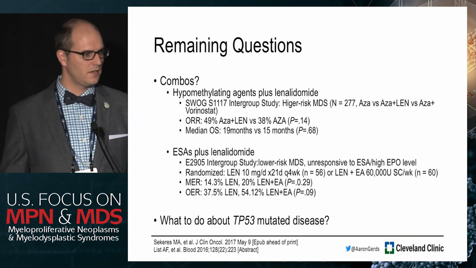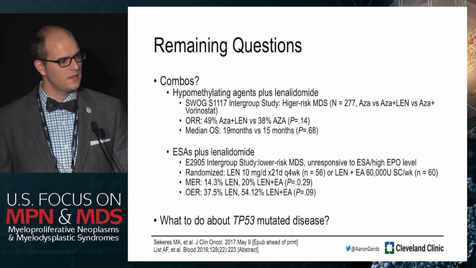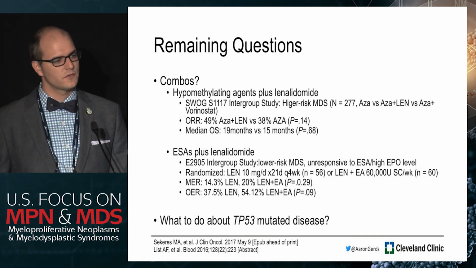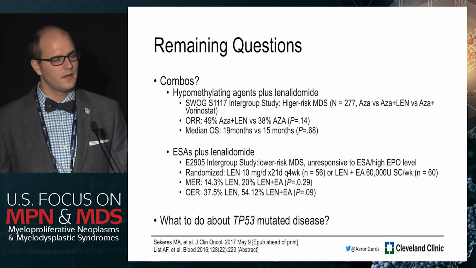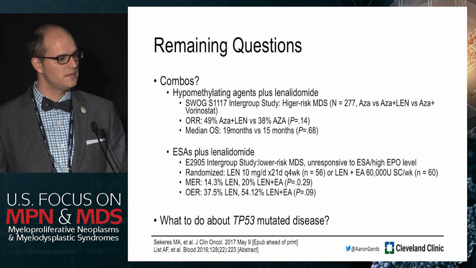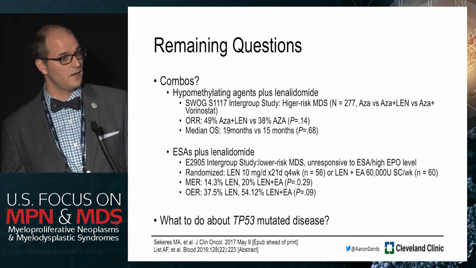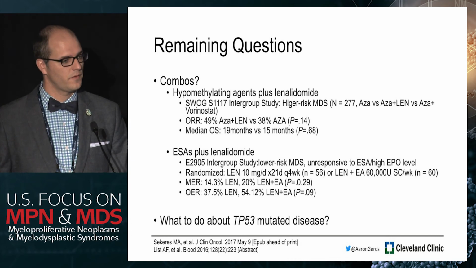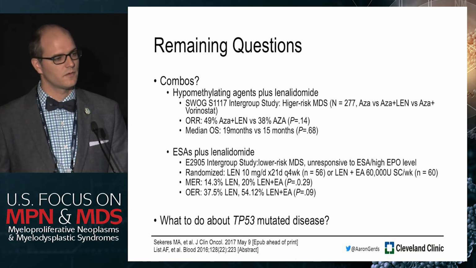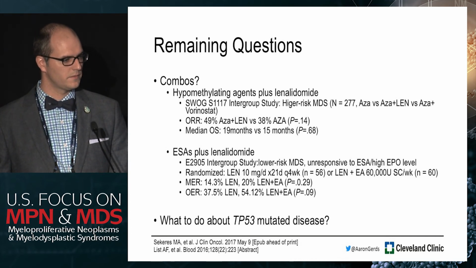Another combination, which Rami brought up, is the E2905 intergroup study, looking at lenalidomide plus ESAs, and there was clearly an interesting and positive result for the combination in terms of major erythroid response and overall erythroid response.